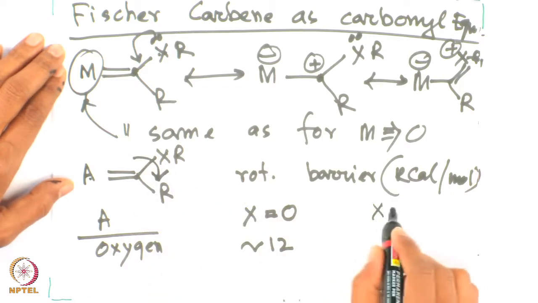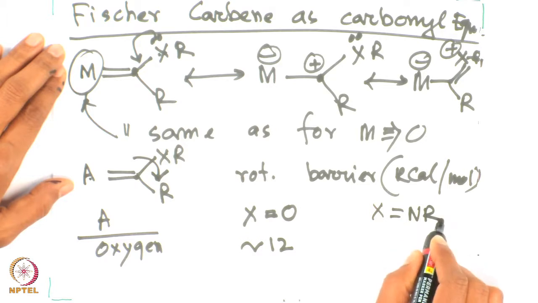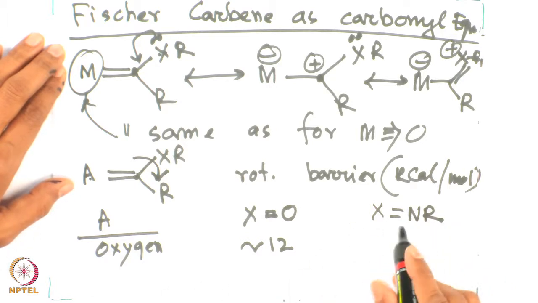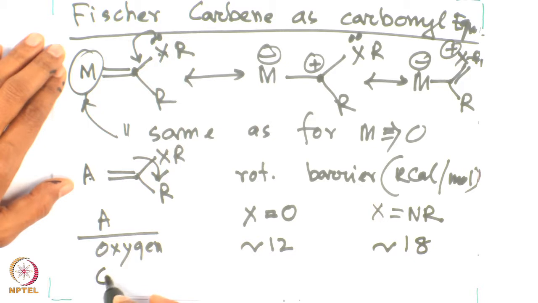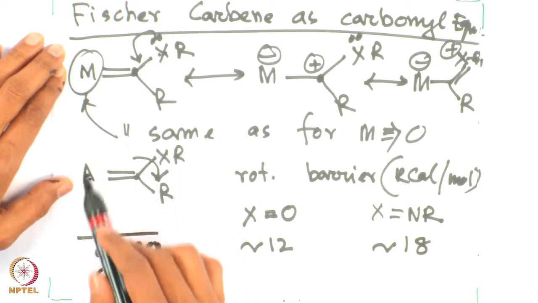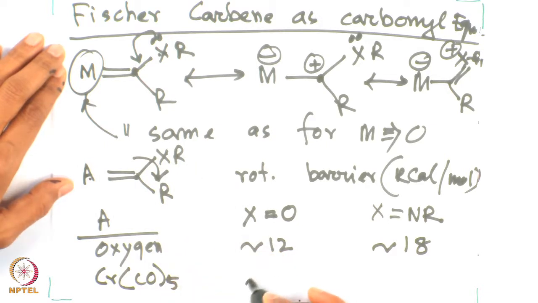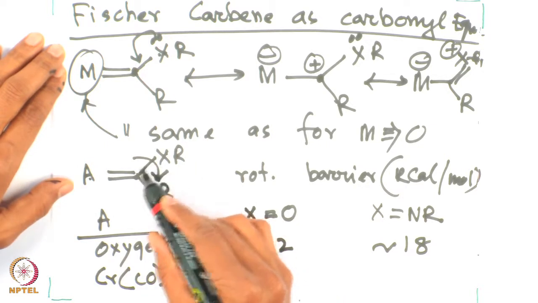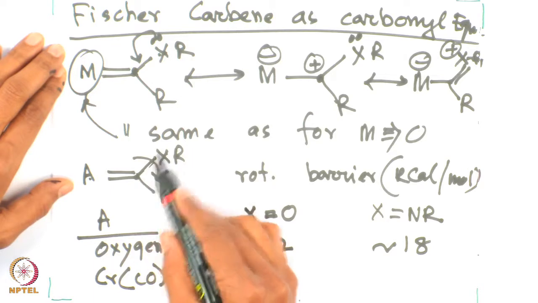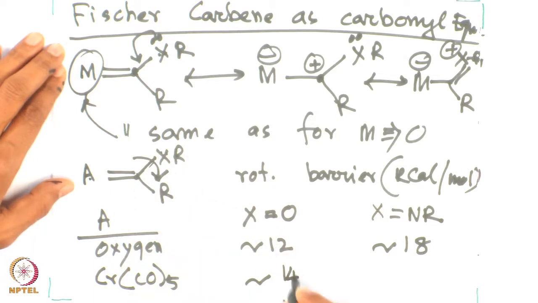Now, X equals NR or X equals N, then we are looking at 18 kcal per mole. If this is Cr(CO)5, that means a Fischer carbene now we are dealing with here. Now, this rotational barrier for Fischer carbene, this C-X barrier is 14.